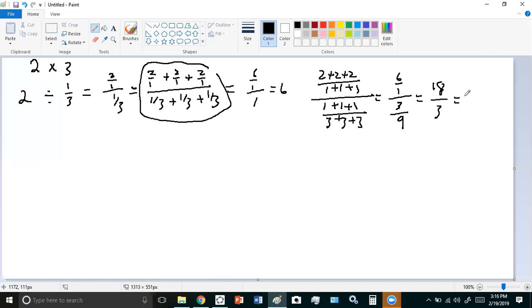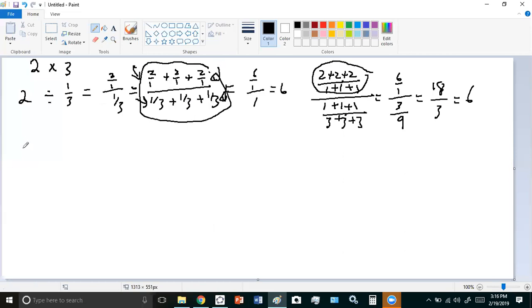And 18 over 3, the same as 6. So when you do this, you can do it to either the numerator or the denominator without bothering about the other. You don't have to do both. But if you do it this way, then you must have exactly the same number of operations in the numerator and also in the denominator.